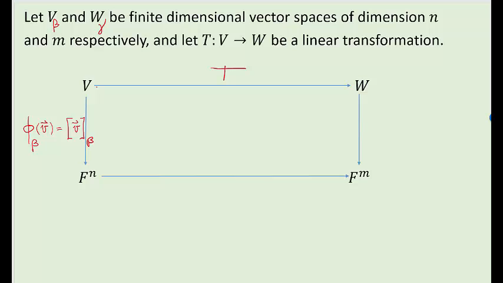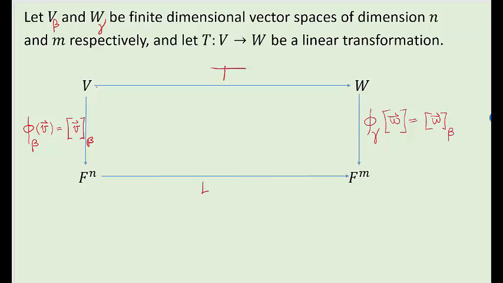Likewise, for the vectors in W, we have a mapping sending W to Fm. Phi sub gamma of the vector w is simply its coordinate vector relative to gamma. Then we have a mapping from Fn to Fm.